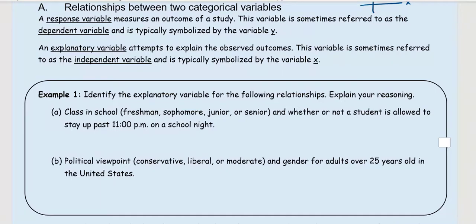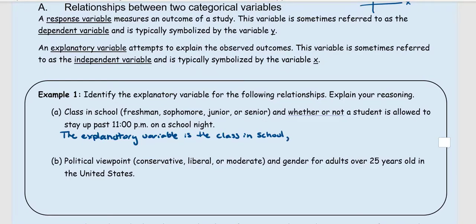So first we want to think about the explanatory variable. And I would say that the explanatory variable here is the class in school. Because if you think about it, class in school kind of is the same thing as age. And depending on how old you are, usually you're allowed to stay up later at night.